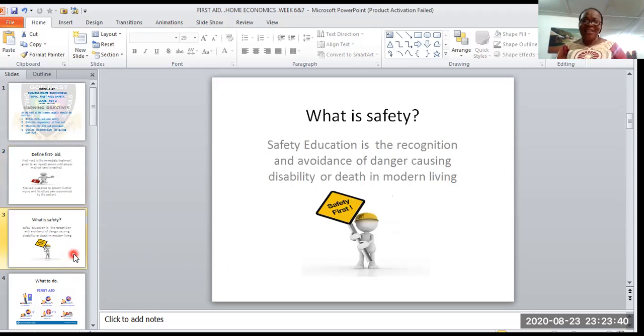And we have said that safety education is the recognition and the avoidance of danger, seeing those things that can cause danger, and ensuring that you keep yourself safe from becoming a victim of accident.